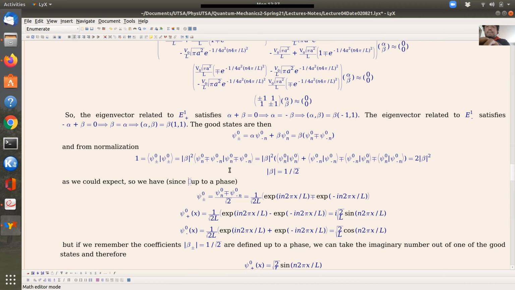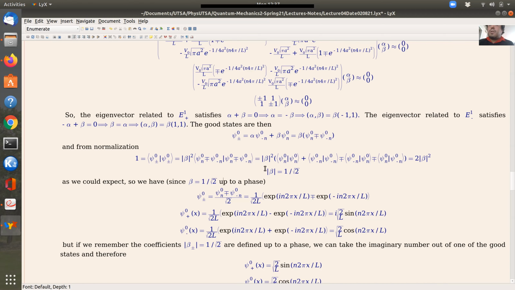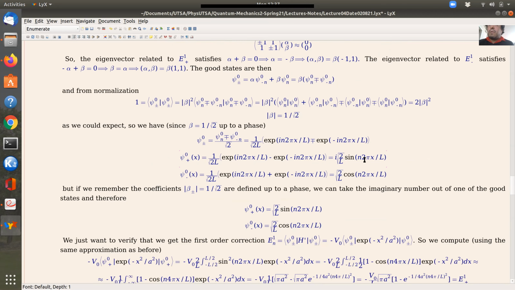Since beta is equal to this up to a phase, we have the condition for the norm, but let's take it just like that. So we plug in the beta like that, and then psi 0 n plus minus psi 0 minus n divided by square root of 2 coming from the beta coefficient. If we plug in that, I think you're anticipating what we were going to get.